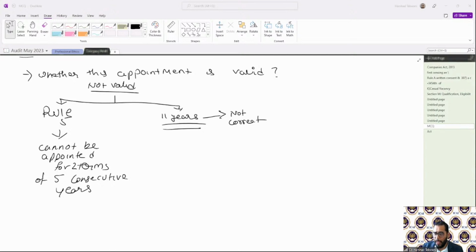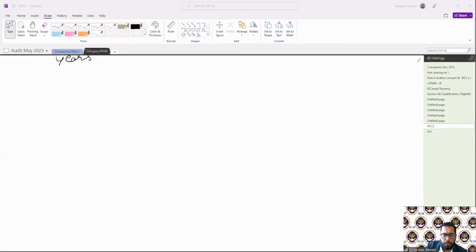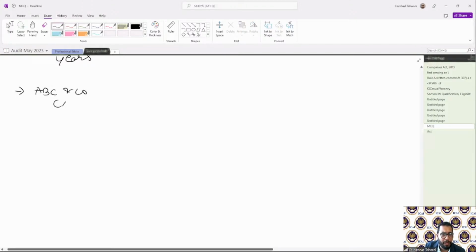Okay. Now I'll present a simple question with respect to what we discussed now. Let's say, for example, ABC and Company, chartered accountants, is there. The board of directors has proposed their name for appointment as auditor of XYZ Limited.